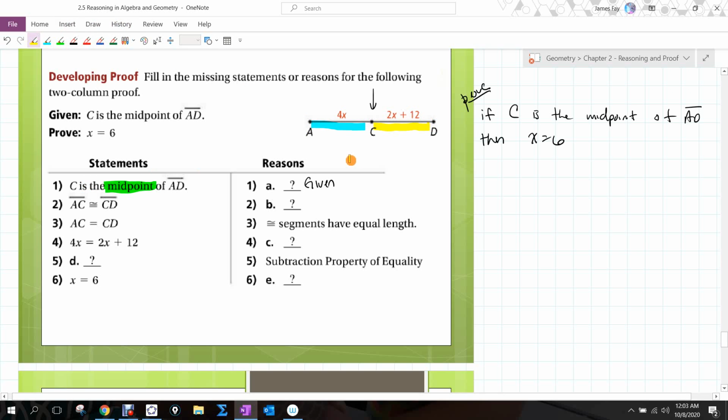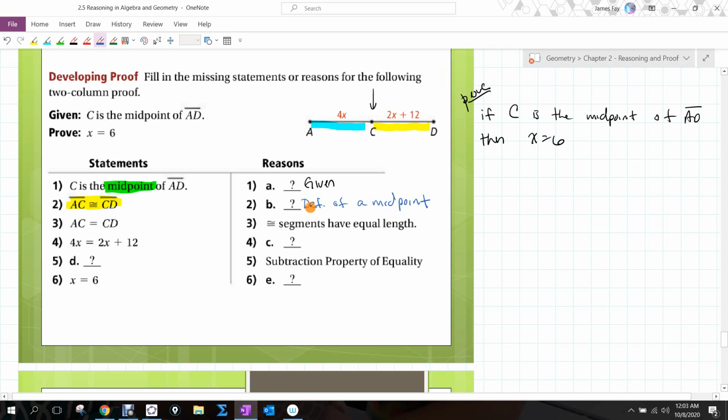And what do we know about those two parts? They have to be congruent. Why do we know they're congruent? Because we know what a midpoint does. We know what a midpoint is. And the way we know what a midpoint is is that it's expressed in the definition of a midpoint.